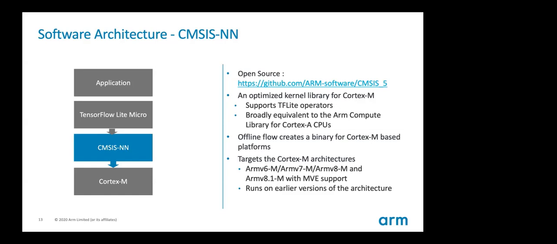The best performance is achieved by leveraging the SIMD instruction features of the CPU to improve the parallelism that's available in the DSP-capable Cortex-M4, the M7, M33, and the Cortex-M55. It also runs on the earlier versions of the Cortex-M architecture, for example on Cortex-M0, without the DSP instructions.